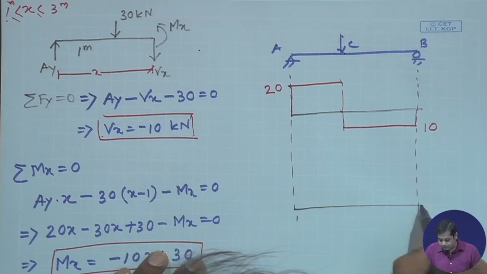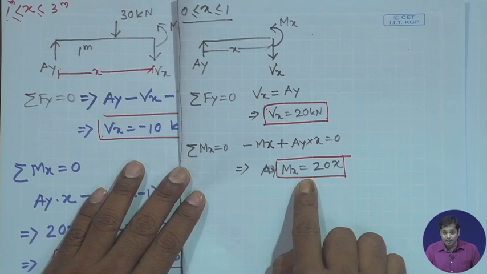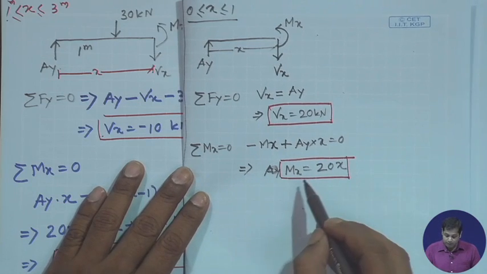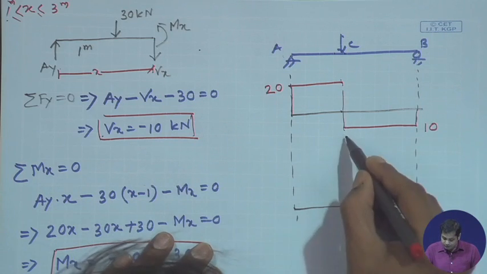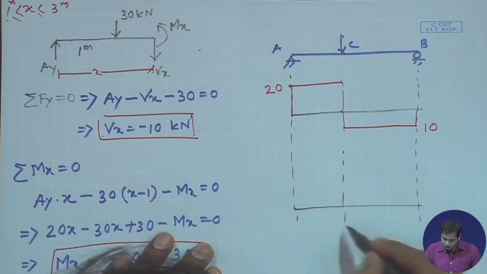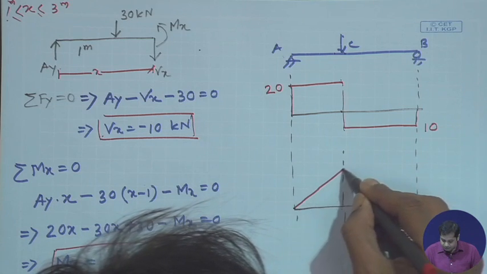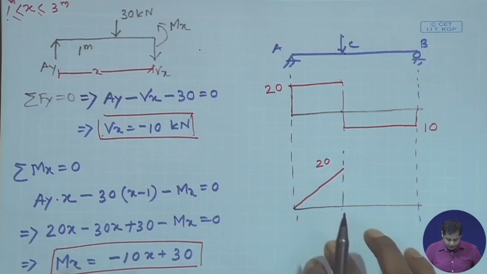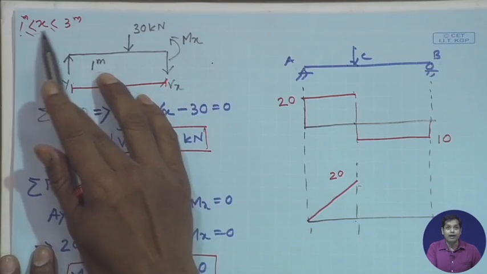Now, draw the bending moment diagram. Between A to C, it is 20x. So at x is equal to 0, bending moment is 0, and at x is equal to 1, bending moment becomes 20. Again between C and B, the bending moment diagram is this, and this equation is valid for this range.